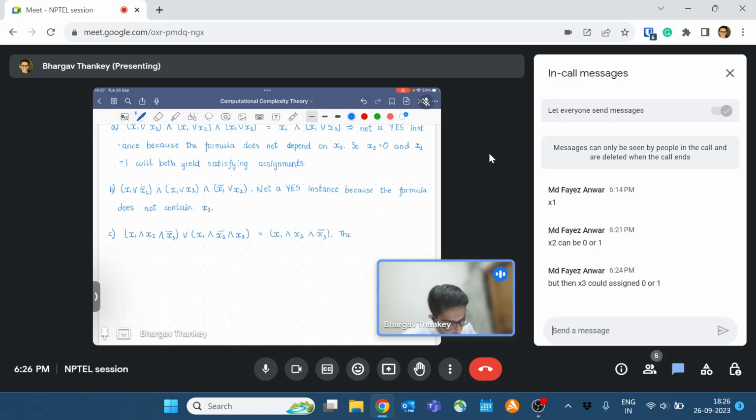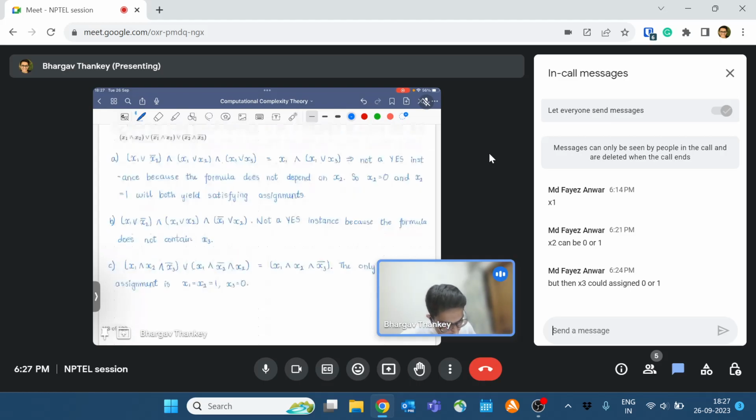So the only satisfying assignment is x1 equals x2 equals 1, x3 equals 0.